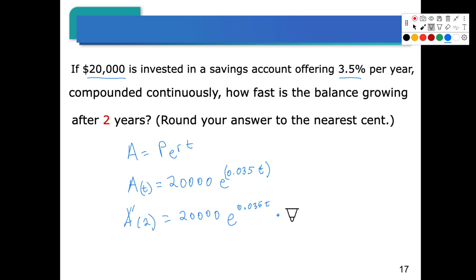What's the derivative of the inside? I'll do it up here just to emphasize: t to the 1 power. Remember, the 1 comes down, so it's 1 times 0.035, and then subtract 1, t to the 0, which is 1. So it's just going to be 0.035.